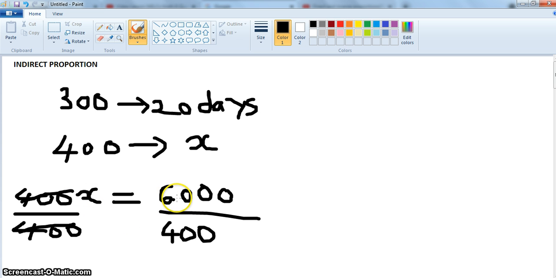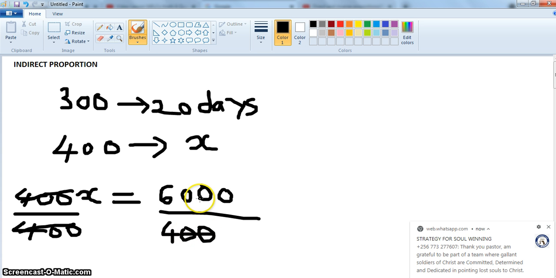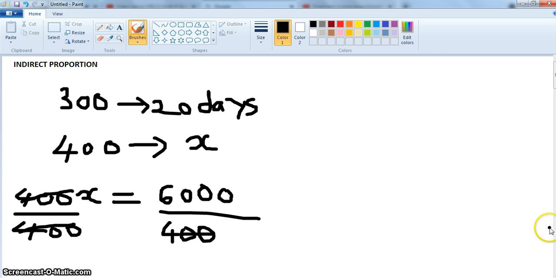So x now is 6,000 over 400. So if here there are 2 zeros, I can remove these, and I can also remove these so that it now becomes 60 over 4. So how many times does 4 go into 60?